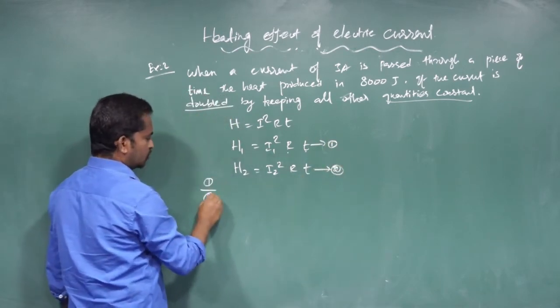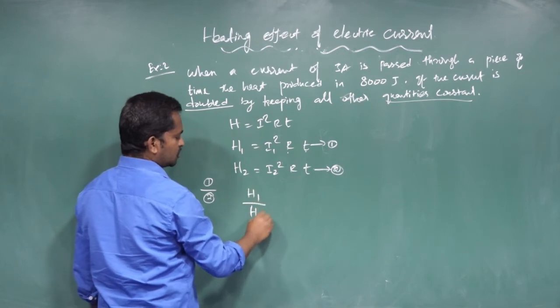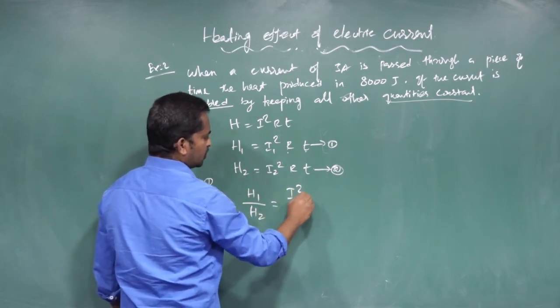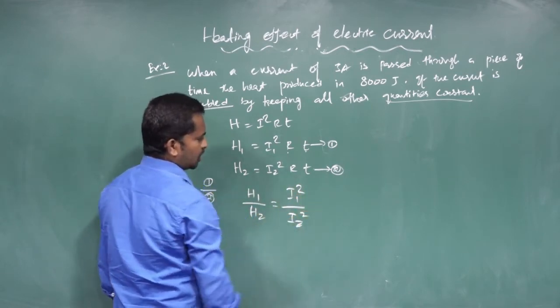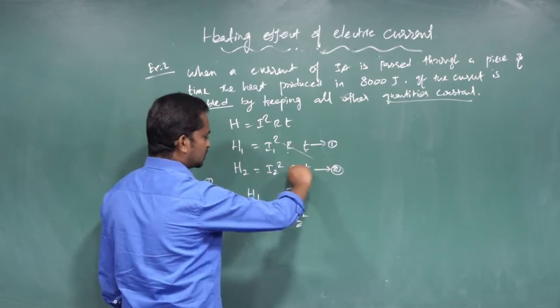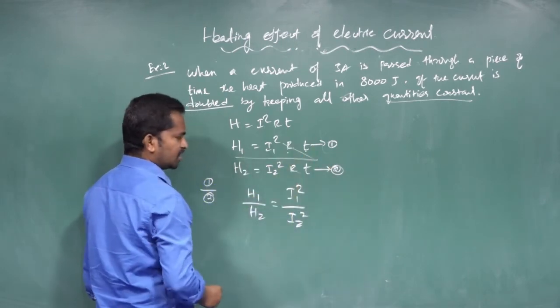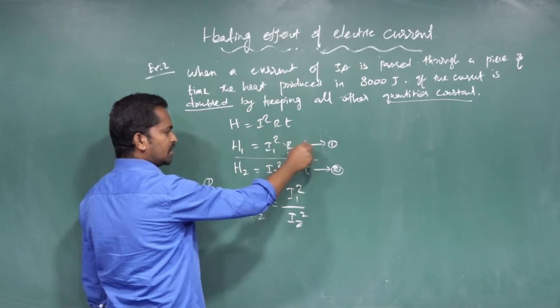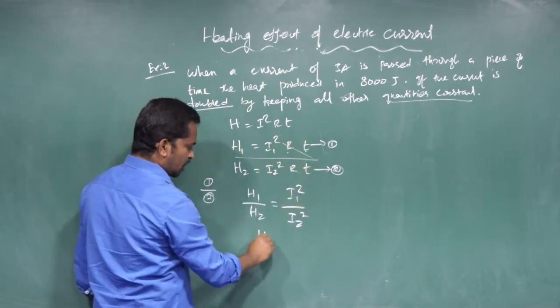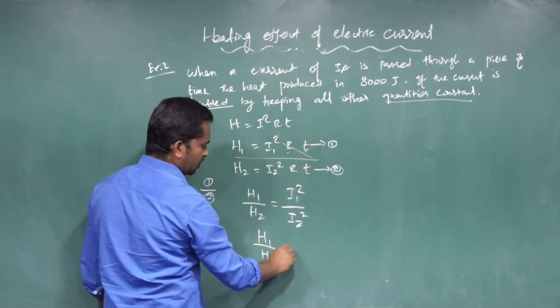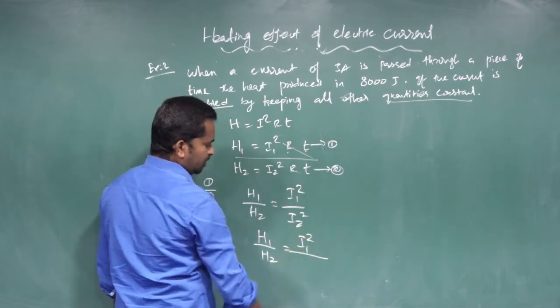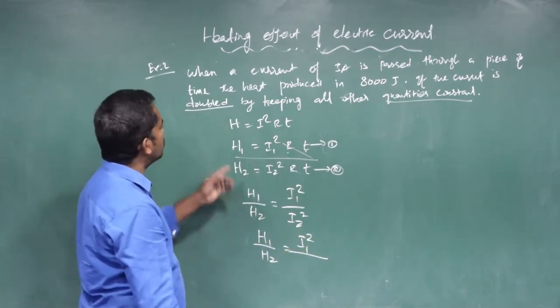Equation 1 divided by 2. H1 divided by H2 is equal to I1 square divided by I2 square. Both R and T are constant, that's why they cancel.